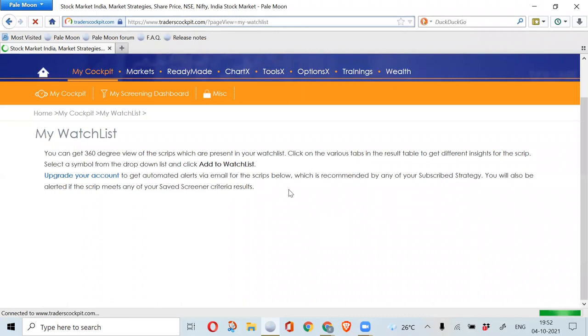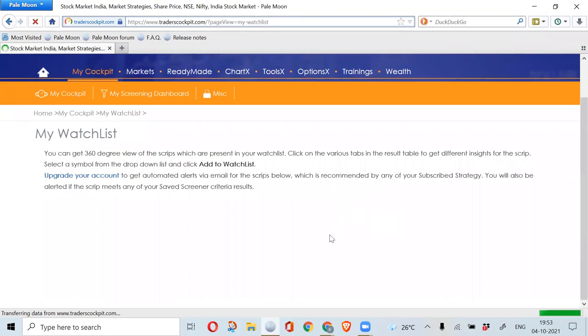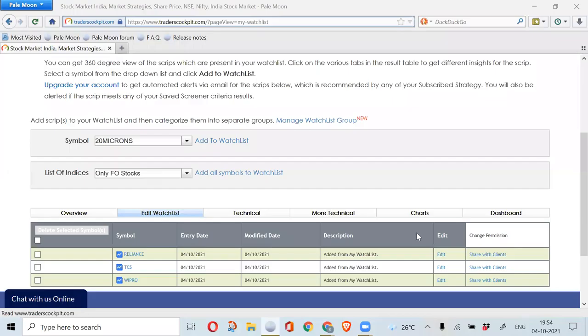Moreover, if you want to add all the stocks of an index into your watch list, like the complete list of stocks in Bank Nifty or the complete list of stocks in Nifty IT, you can select the index to add them to your watch list. Here you can see Reliance added to my watch list.